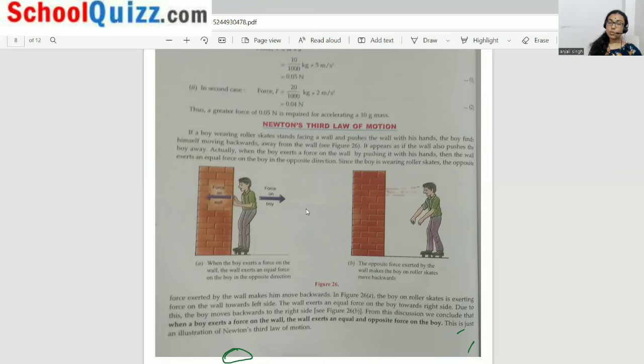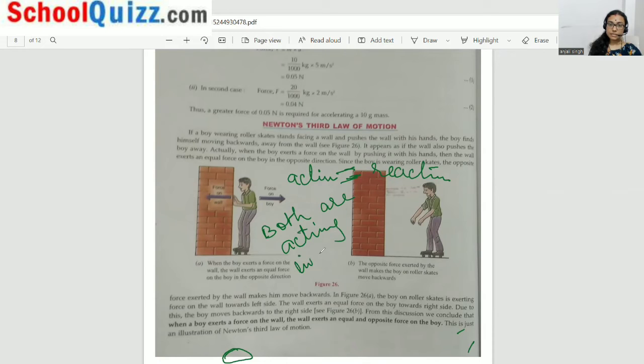Both the action and the reaction force are always equal, and they both act on different bodies.